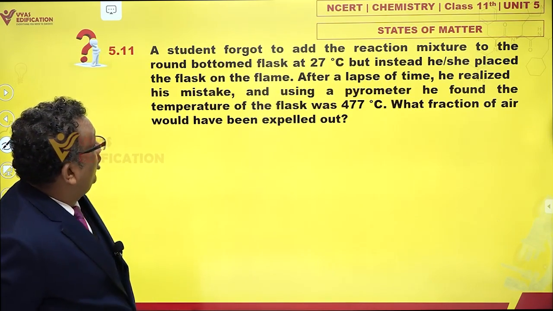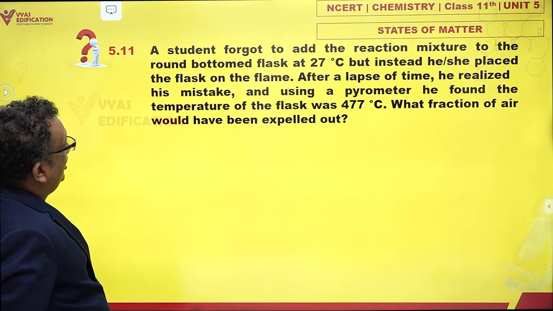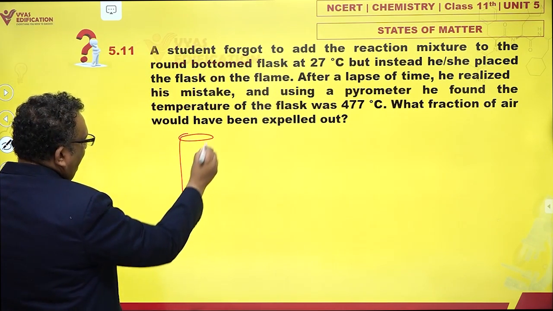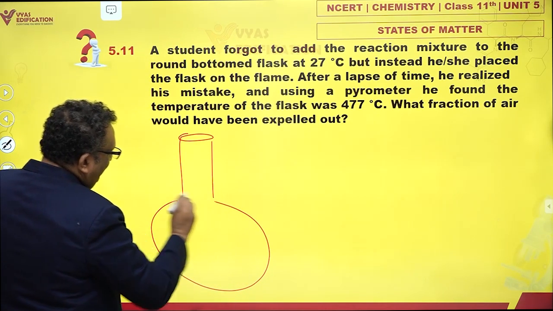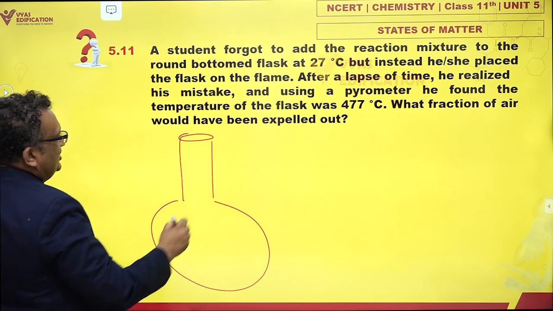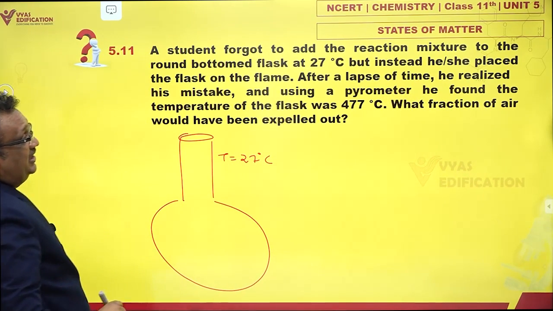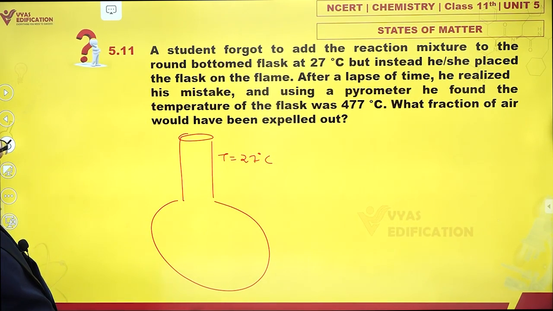A student forgot to add the reaction mixture to the round bottom flask. Okay. So I have a round bottom flask at 27 degrees Celsius. But instead, she placed the flask on the flame. Okay.